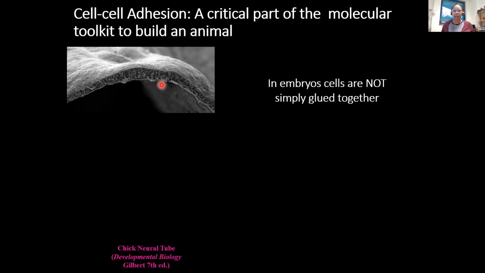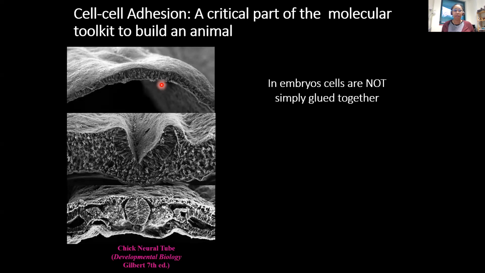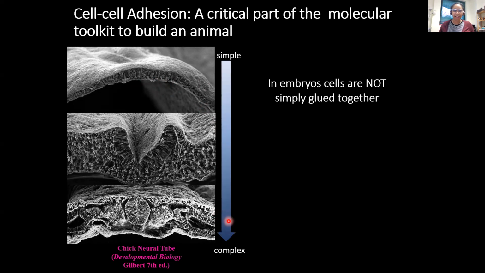And so cells within these tissues are not just simply glued together. They have these dynamic adhesions, and they're also changing shape while they're rearranging relative to their neighbors. And so you can end up going from this pretty simple organization very early in building an embryo, and then that tissue will become more complex during the later stages of embryogenesis.